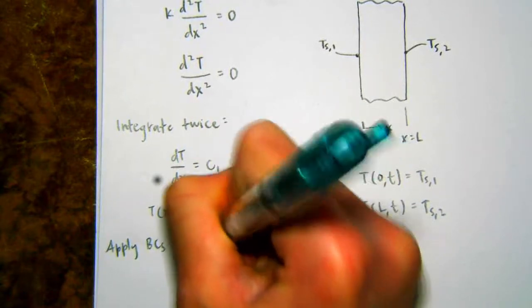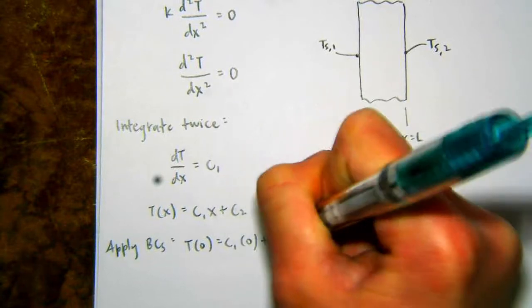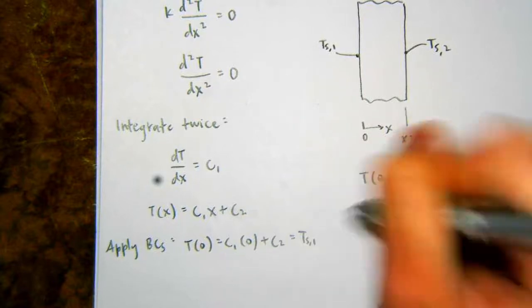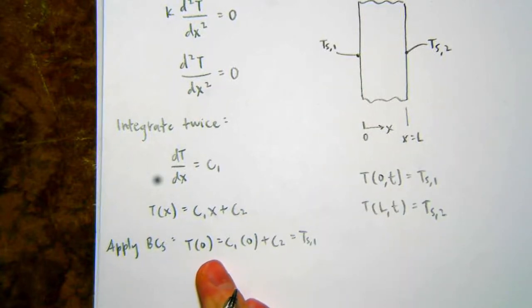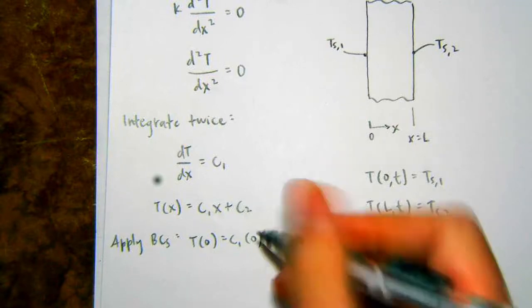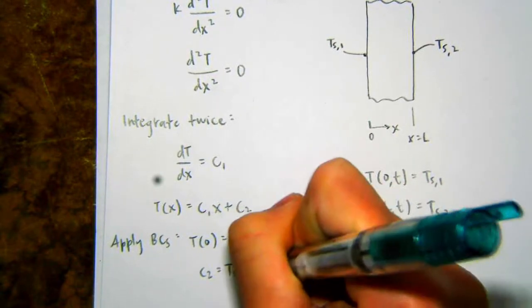So at x equals 0, and notice I've just dropped the t here because it's steady state, so there's no variation in time. And then we just get that C2 equals T_s1.